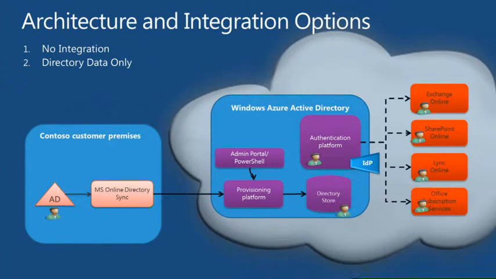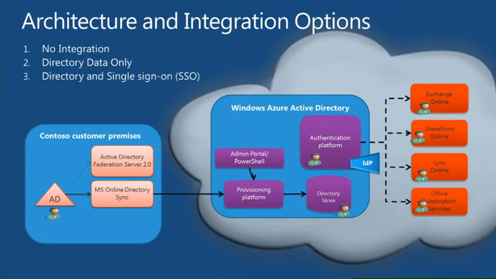Then, based on my licensing type, if I purchased Office 365 with all of the services, my user will flow into all of those different services. As you can see, these services all have a trust with that identity platform, so they are all expecting to get that token from there.